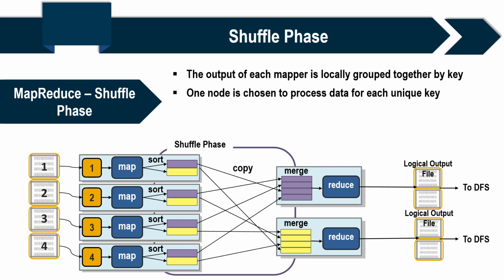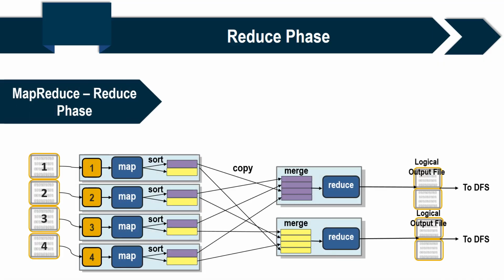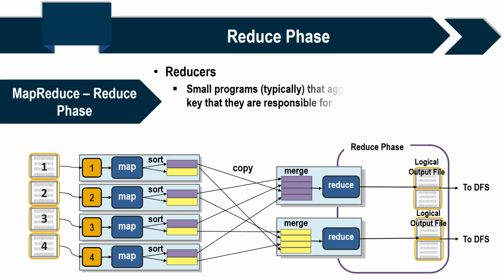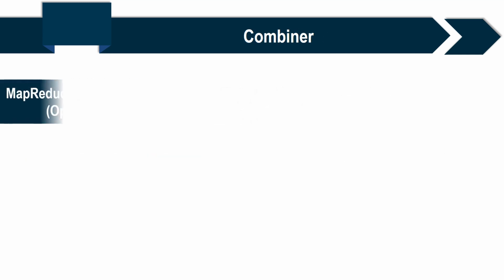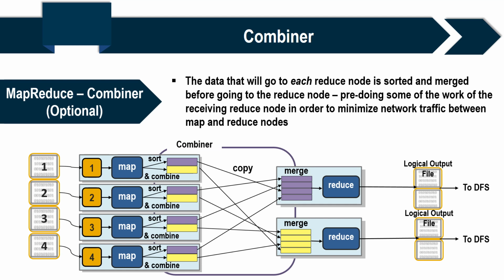One of the nodes is chosen to process data for each unique key, and all of this movement of data is transparently orchestrated by MapReduce. The next phase is the reducer phase, which takes the shuffled data and applies the reduce algorithm to generate the reduced output. Then you have the combiner phase, which is an optional phase and acts as a semi-reducer.